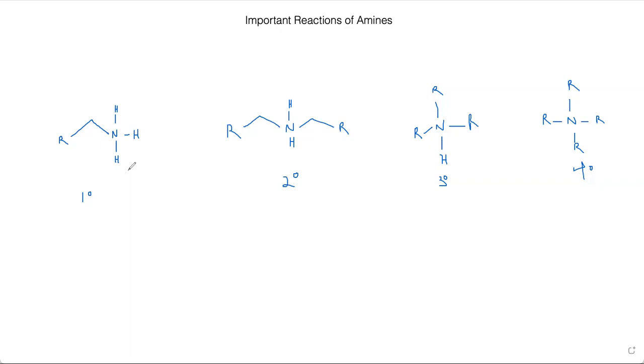Small amines of each type are very soluble in water. This is mostly because each amine can form hydrogen bonds with water, including tertiary amines. Excuse me here, quaternary amines are not a thing.